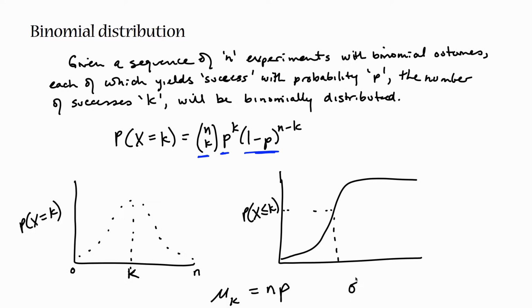And similarly, the variance of the distribution, which will come up maybe less often, is n times p times 1 minus p. The second discrete distribution I want to talk about is the geometric distribution. This one's a little bit more fiddly to define.